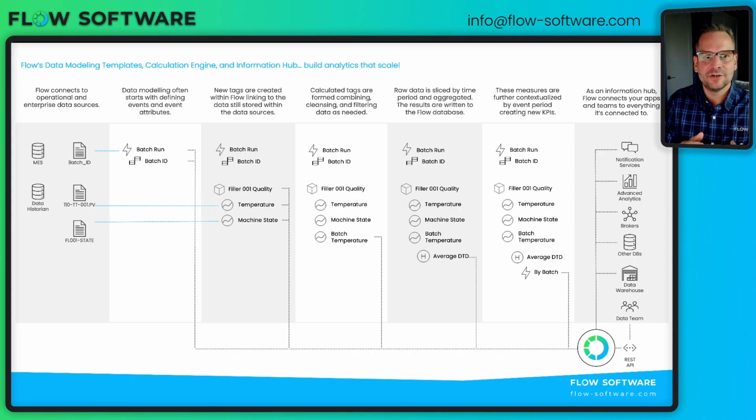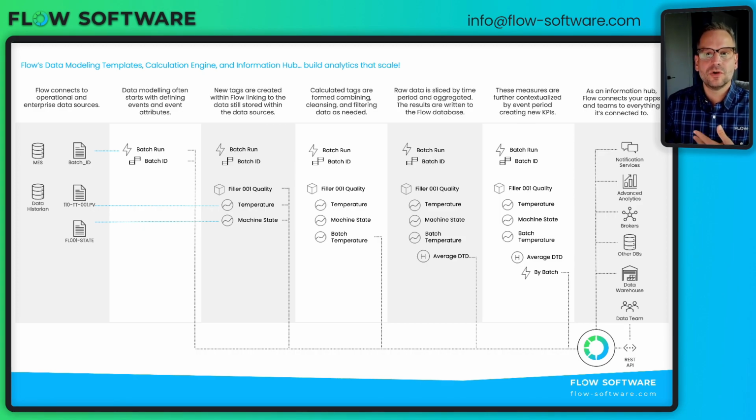So it doesn't matter if we're making a SQL query or if we're pulling data from a legacy historian or a modern historian. You don't have to know about the structure of that database. You don't have to know how the tag is addressed. All you need to know is that Flow's model is connected to raw data, and you can pull that raw data via our API.